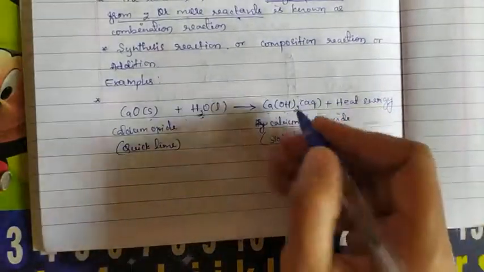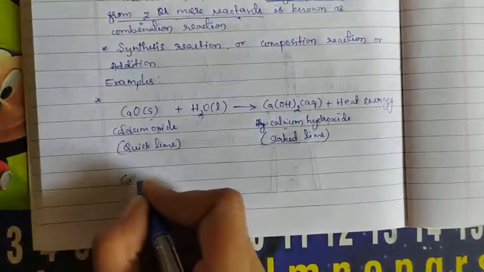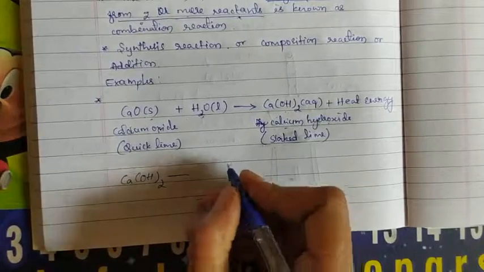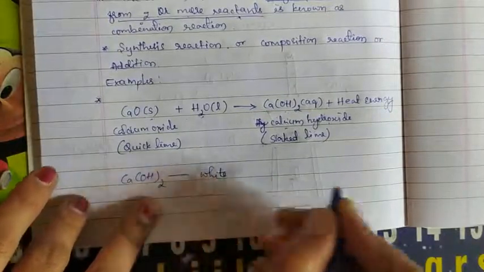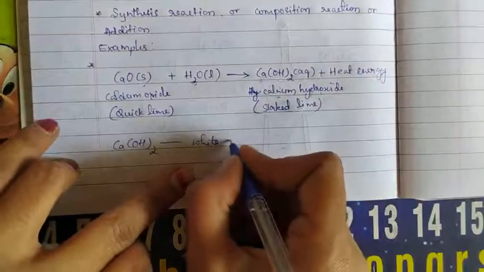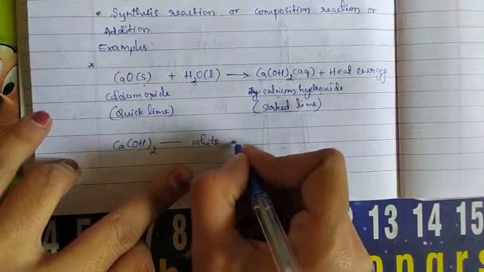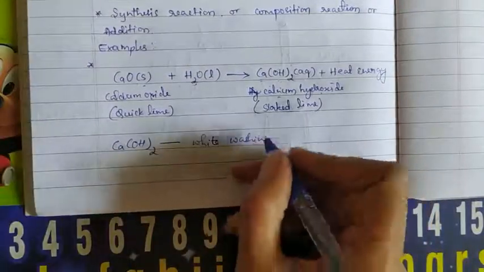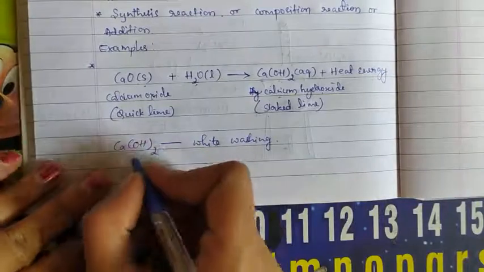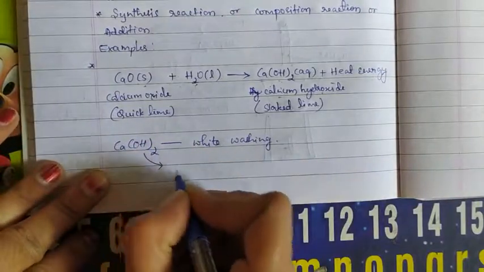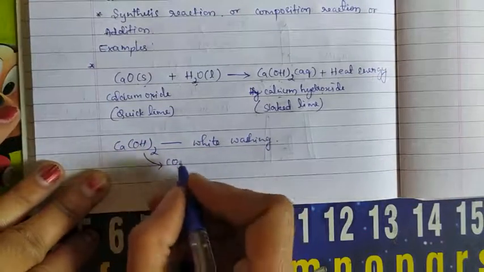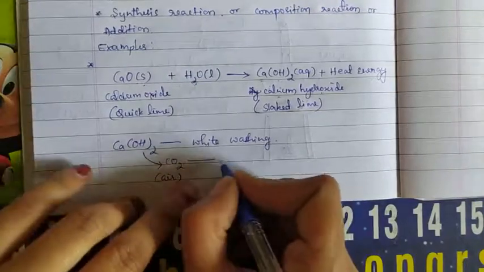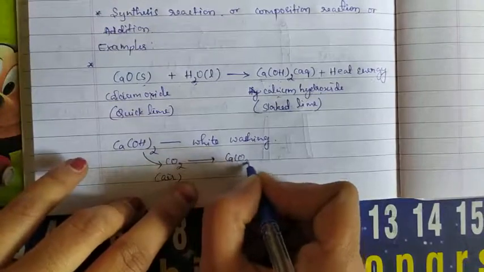Here this calcium hydroxide is used for whitewashing of walls. This calcium hydroxide reacts slowly with the carbon dioxide present in the air and forms calcium carbonate.